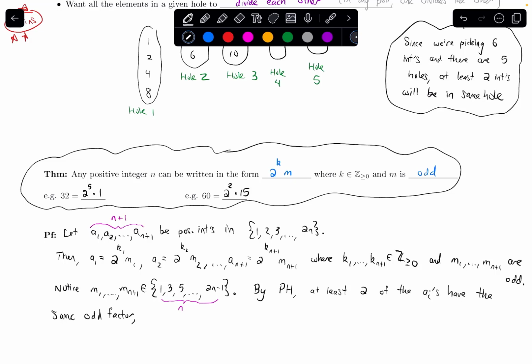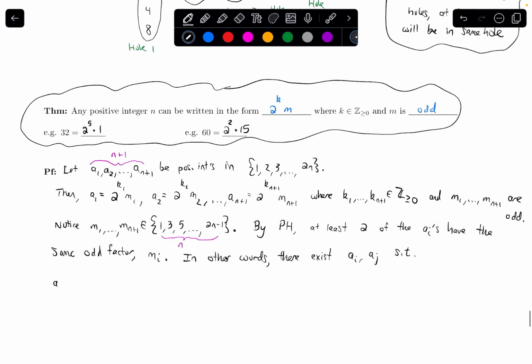I'm going to call the odd factor m_i. So in other words, there exist an a_i and a_j such that a_i is equal to 2 to the k_i times m_i, and a_j has to have the same odd factor, so it's also going to end in m_i.